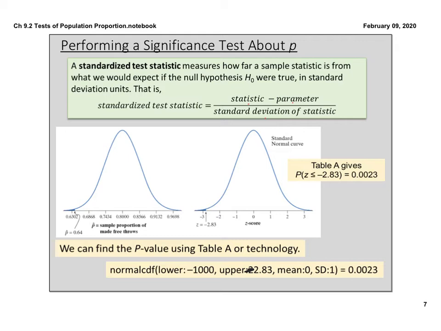So you'd go down to negative infinity or negative 1,000 or whatever it may be, and your upper bound would be negative 2.83, your mean is 0, your standard deviation is 1, and your p-value then is 0.0023. So this is your p-value for your significance test. Instead of finding an interval like we did in confidence intervals, we're finding a p-value that we want to test against our alpha value.